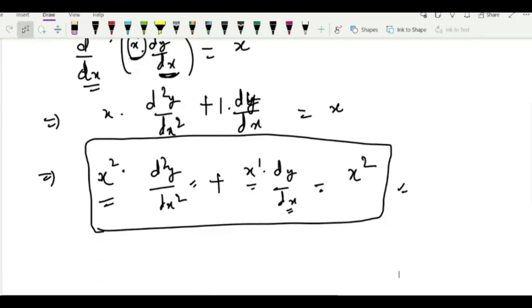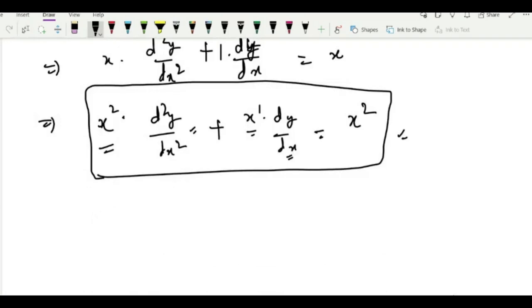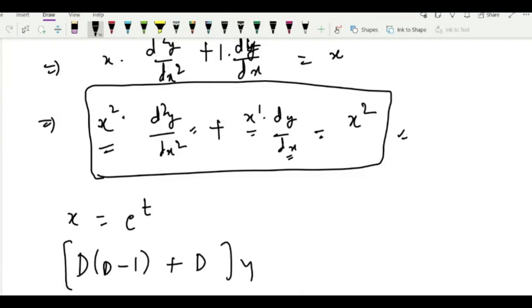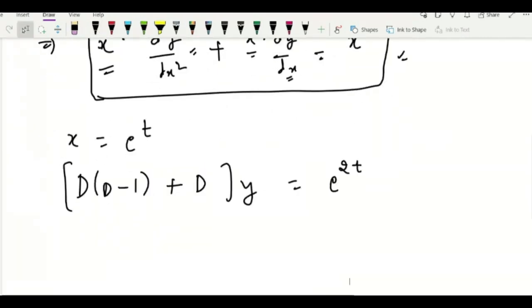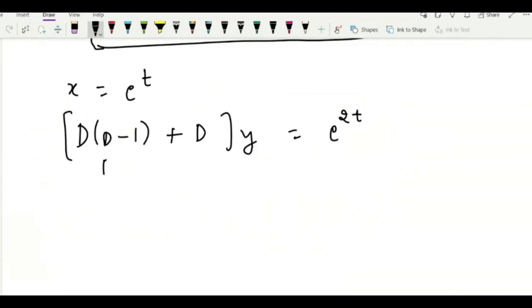For finding the solution, we can just substitute x is equal to e raised to power t. So the equation on the left hand side becomes D(D minus 1) plus D into y is equal to e raised to power 2t. So this is our symbolic form. We can write it as D square minus D plus D into y is equal to e raised to power 2t. This will cancel out.